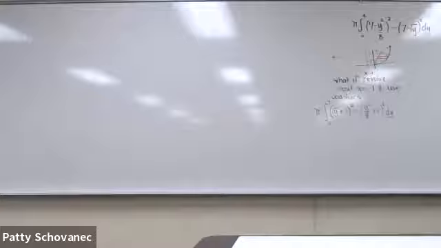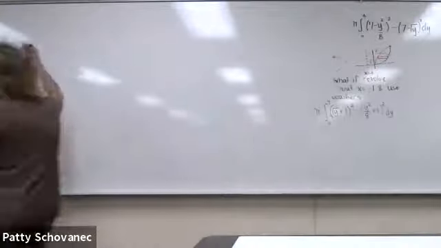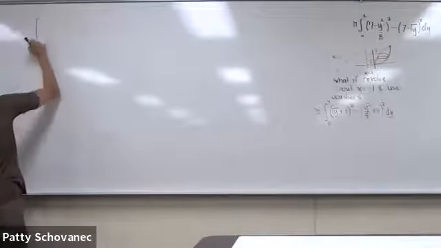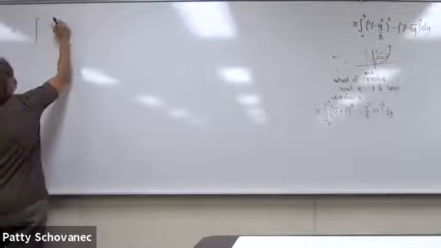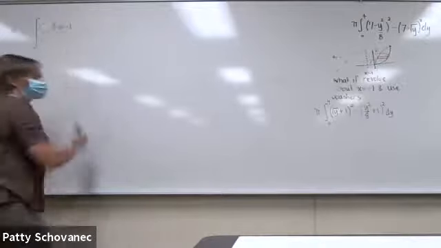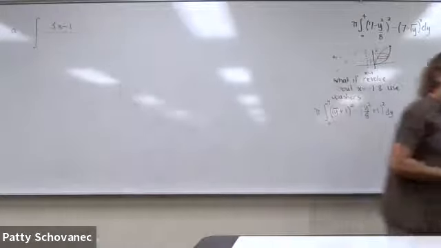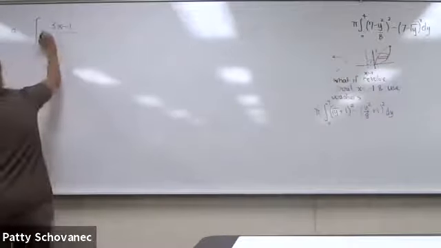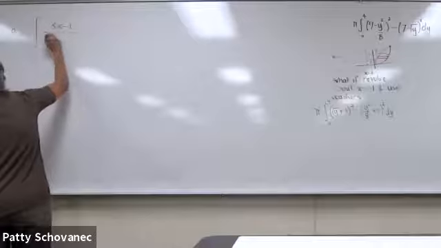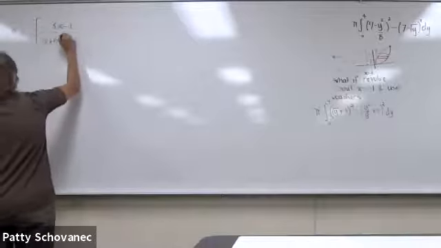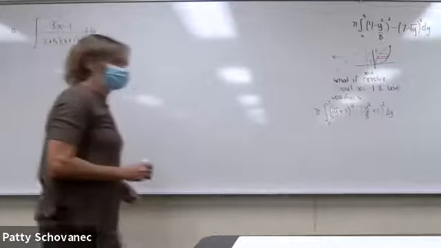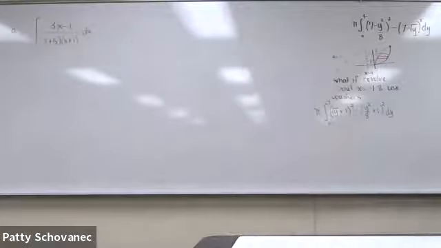We've got a fraction that has 3x minus 1 on top. And on the bottom, I believe we've got an x plus 5 times an x plus 1. You can do that integral while I get the other 2 written down here.